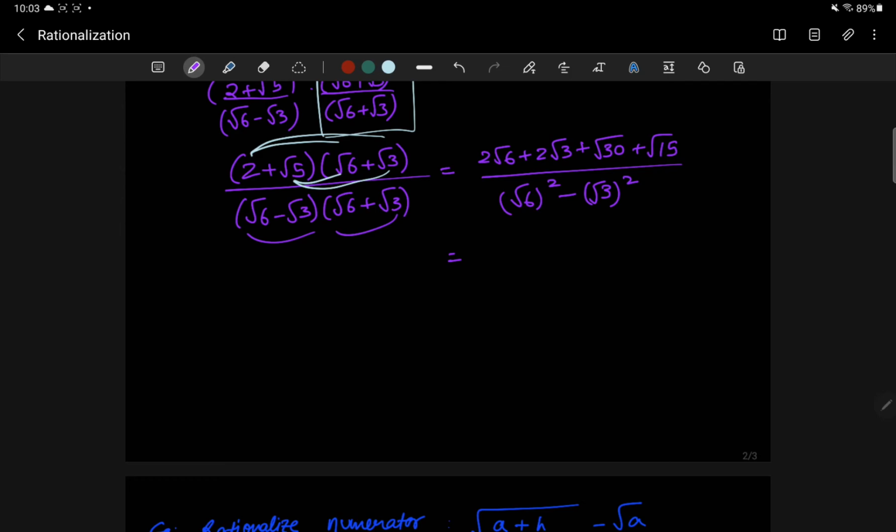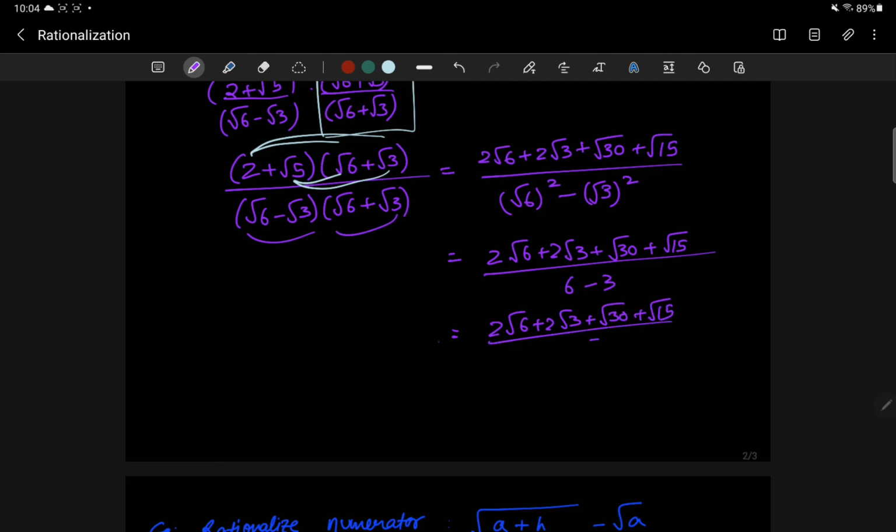It's 2 times 3 times 5. So there's not much we can do here, so I'm going to leave it as it is. So this is 2 root 6 plus 2 root 3 plus root 30 plus root 15, divided by 6 minus 3, which gives 2 root 6 plus 2 root 3 plus root 30 plus root 15 over 3.